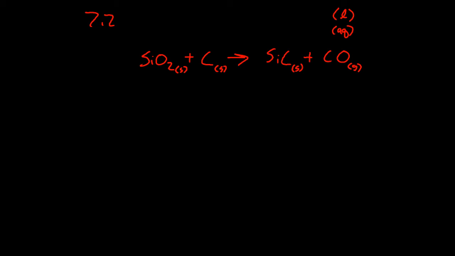And by the way, when I am balancing equations, I always have little spots to write down exactly how many of every element I have on each side. So you're starting with 1 silicon, 2 oxygens, and 1 carbon on the left, 1 silicon, 1 oxygen, 1 carbon on the right. So see if you can balance that equation. So pause the video now.